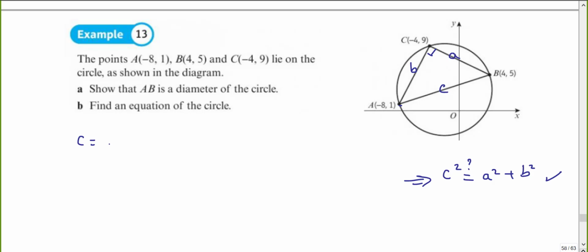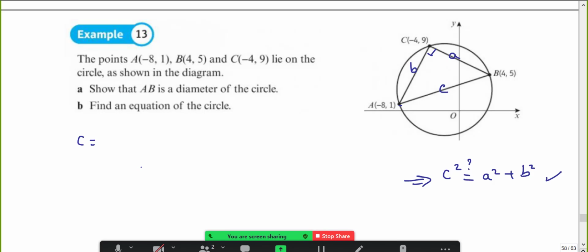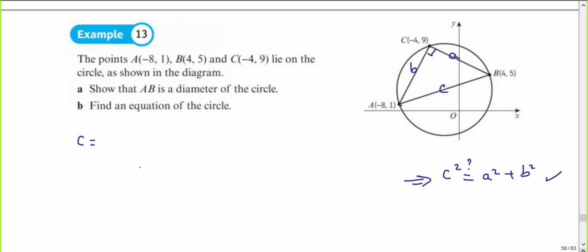We add A and B, and we square root the number we get. What number? C squared equals A squared plus B squared, so the number we get from A squared plus B squared, we square root it and that gives us C. I'm asking how to find the distance C, AB.